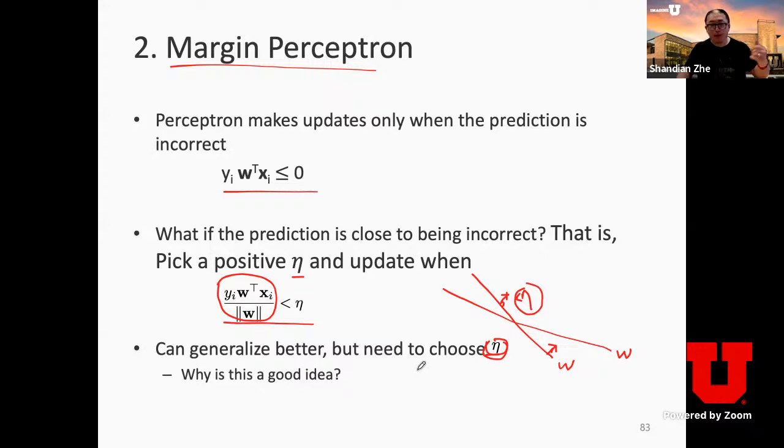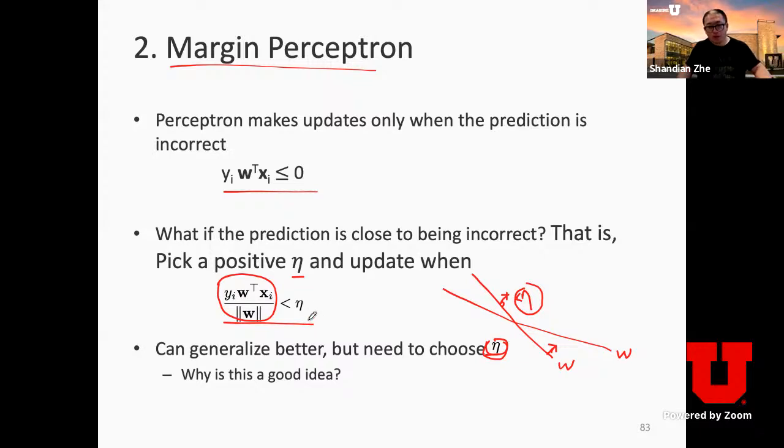And why? Consider that the data set itself has a margin. The margin of the data set is actually the maximum margin of the separating hyperplane for that particular data set. If you choose eta to be too large, even beyond the margin of the whole data set, you'll never converge, because there's no such hyperplane which has a margin bigger than this upper limit.